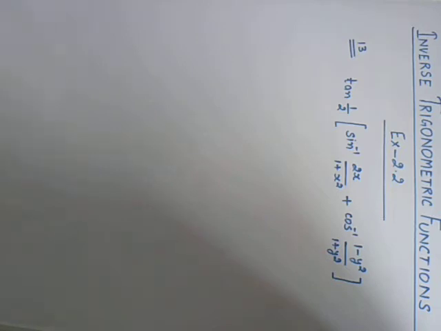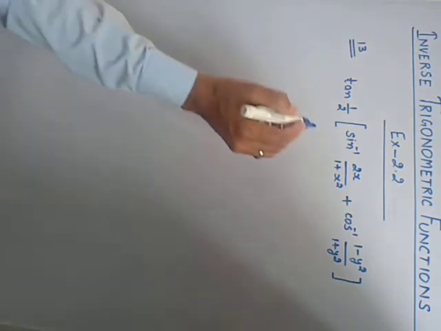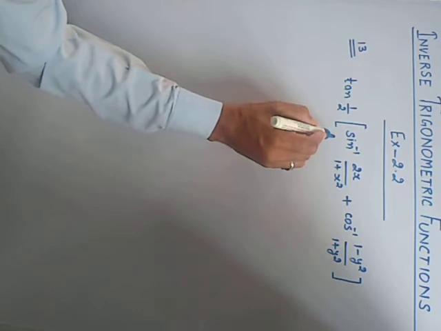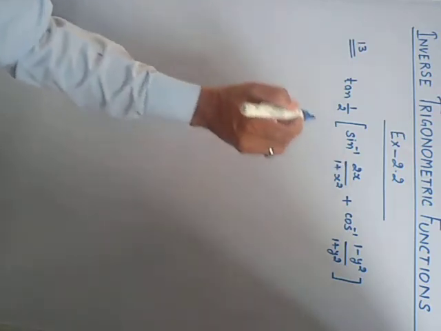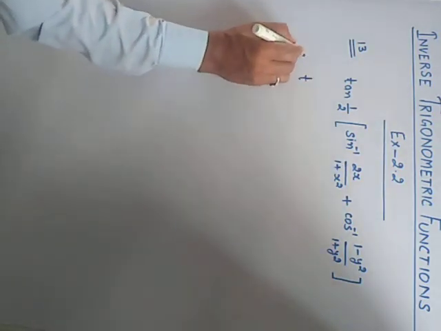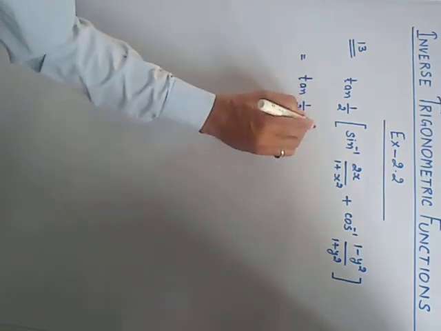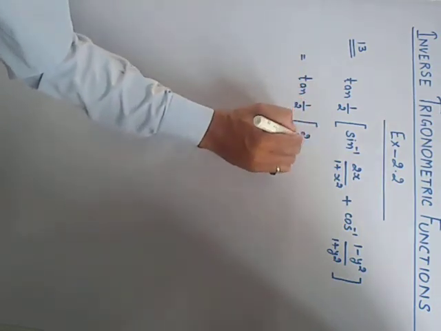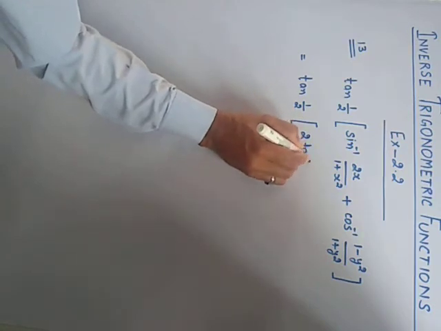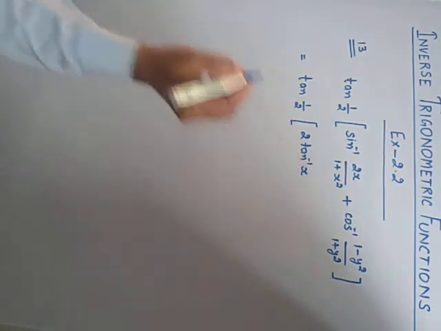Question number 13. Now you can see in the bracket sin inverse 2x upon 1 plus x square, which is the formula of 2 tan inverse x. Earlier we have discussed it.